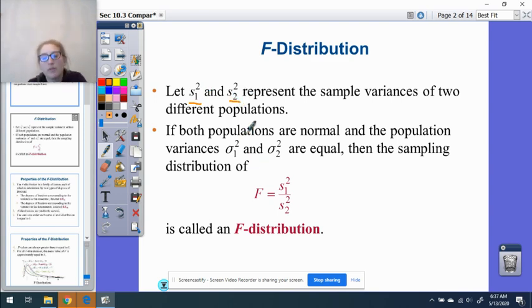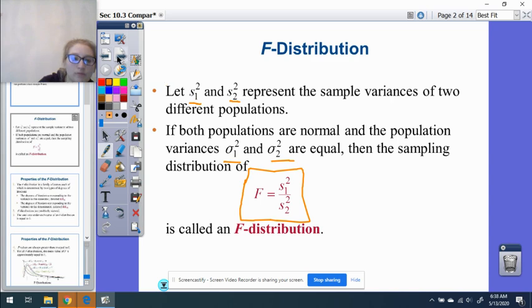So if both of the populations are normal, then the population variances represented by our sigma are equal, okay? The formula that we're going to use to find our F statistic is represented here. Essentially, we're going to be dividing the variance of one of the samples by the variance of the other sample, okay?